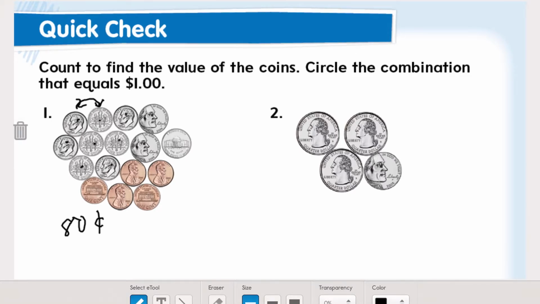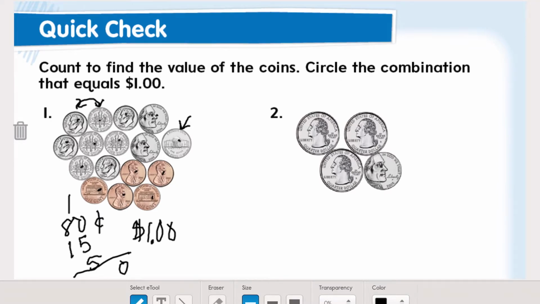And then same thing over here. These are all nickels. This is the back of a nickel. So 5, 10, 15. And then 1, 2, 3, 4, 5. So if we add those up, we've got 8, 9, 10, which is 100 cents or $1.